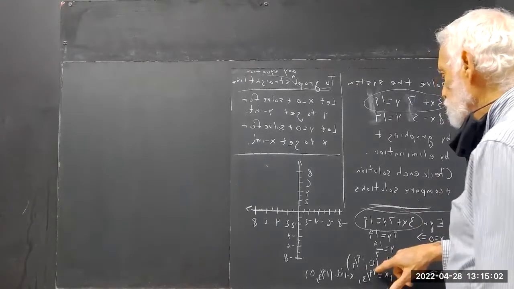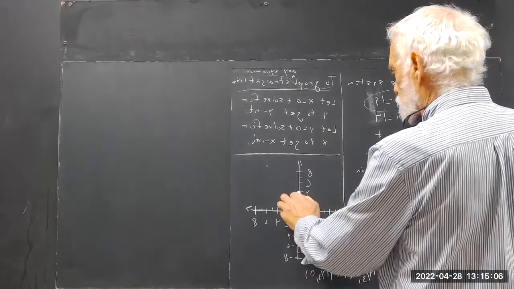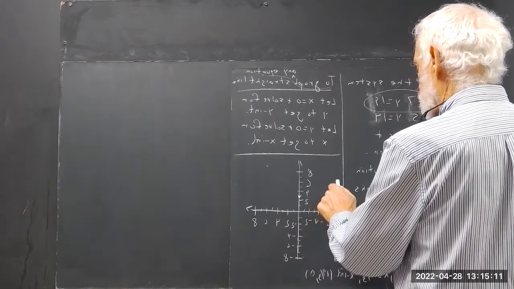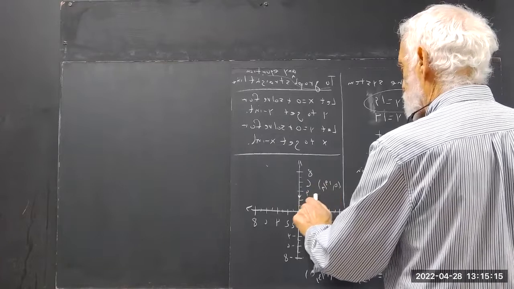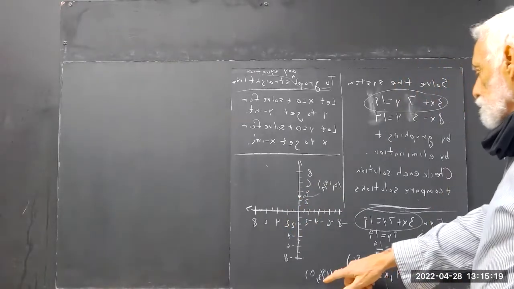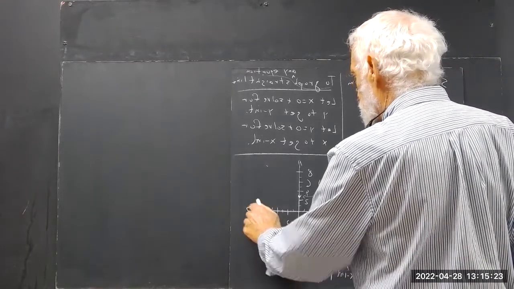They're going to be 0, 19/7, okay? 19/7 is a little less than 3, so I'm going to say it's about here. And then our x-intercept will be 19/3, 0. That's going to be about 6 1/3, 0.